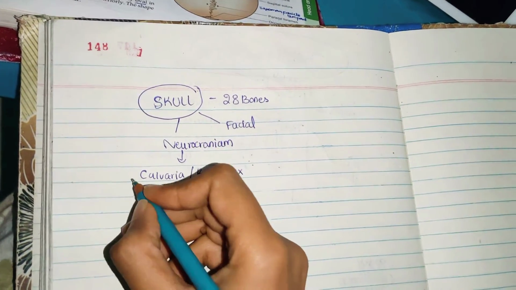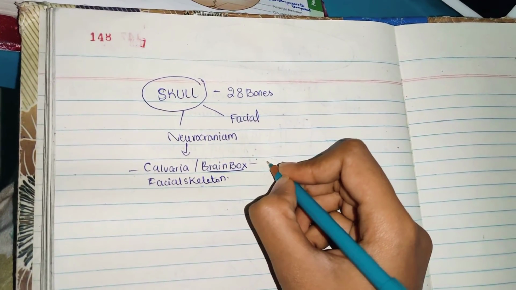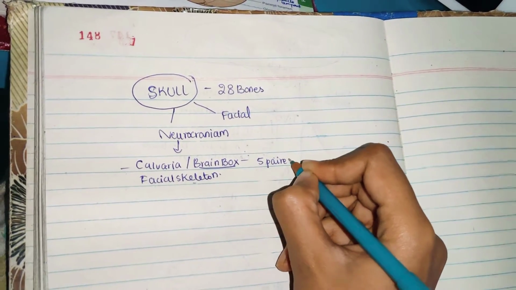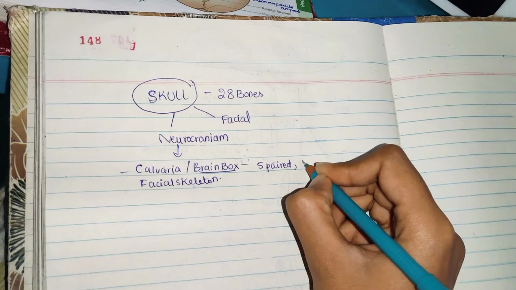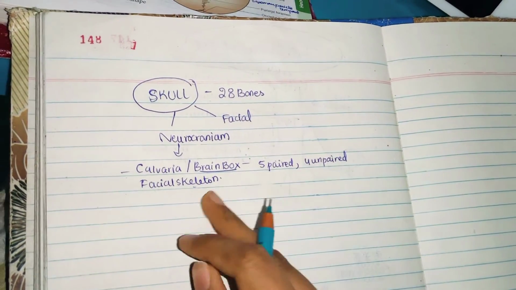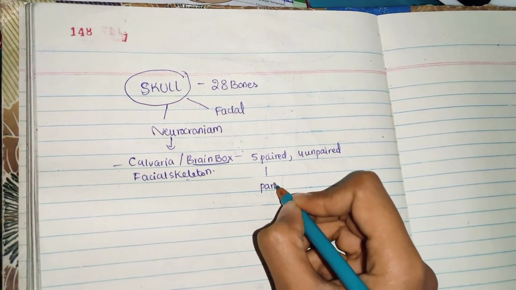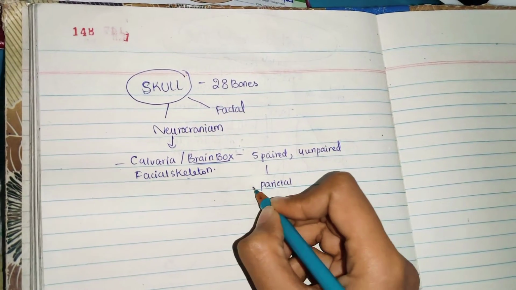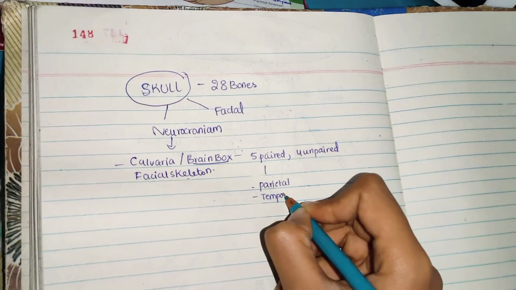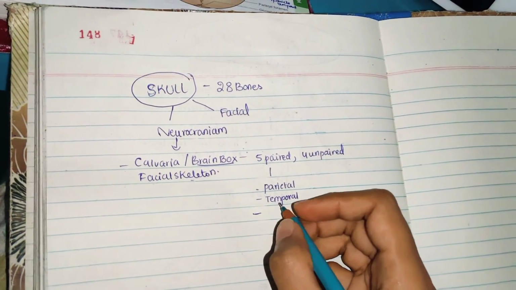So this cranium, neurocranium, is also called calvaria or brain box, and then the facial skeleton. Now in this calvaria or brain box you have totally 5 paired and 4 unpaired structures. So what are those 5 paired? The 5 paired structures are parietal bones, which are present on two sides, and temporal bones, near your cheek side area, you have two temporal bones.